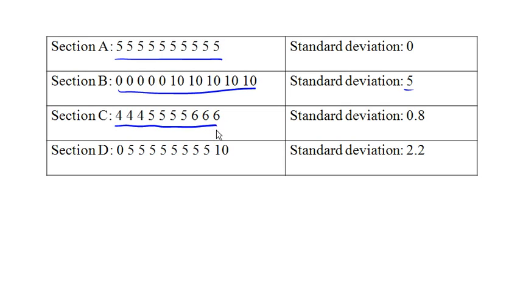In this case, even though we had the same mean and median and range as our data set B, the standard deviation here is much smaller because most of the data is very close to the mean, and we only have a few values that are further out. So if the data is very spread out, we have a big standard deviation. If the data is closer together, we have a small standard deviation.